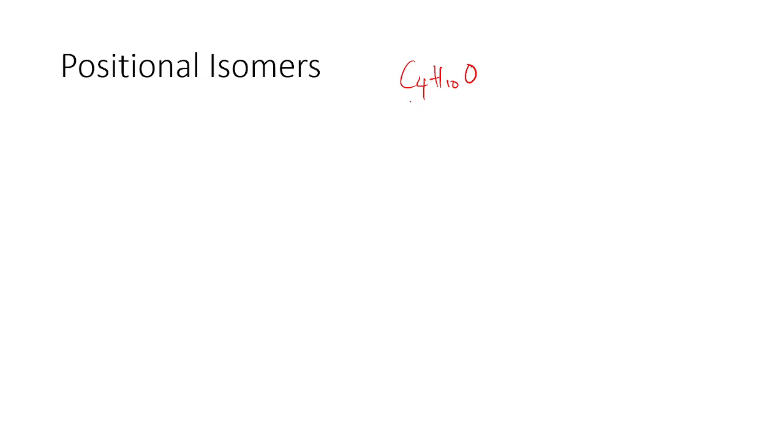You may think that it's an alcohol again, and yes, we can write this as an alcohol. We have one, two, three, four carbons and our oxygen. That is our butanol. To be exact, that will be 1-butanol.